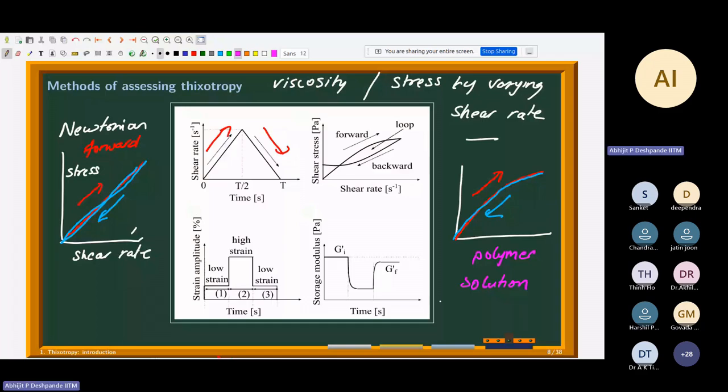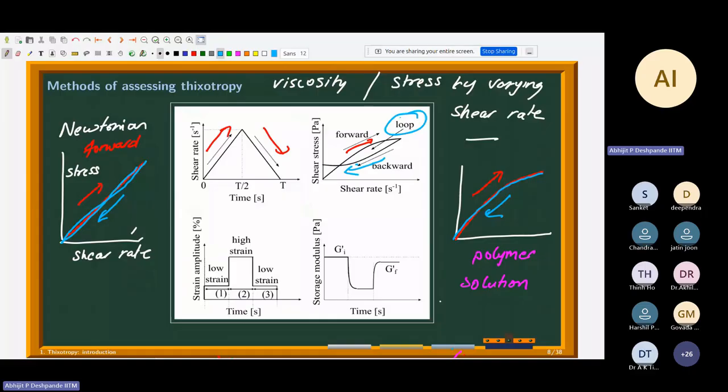So now the question is, in the case of a thixotropic material, what happens? As the graph is indicating here, going forward, we get one set of results, and then coming backward, we get another set of results, resulting in a loop, the so-called thixotropic loop. Given that we've already discussed that structure keeps on changing, this is a consequence of structure.